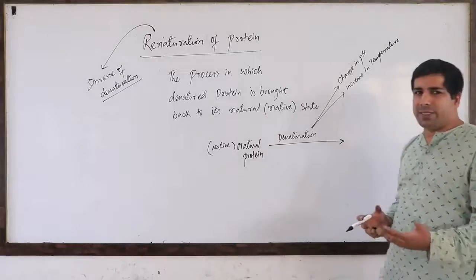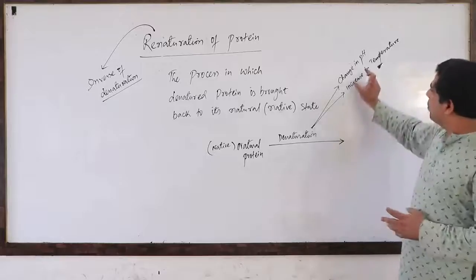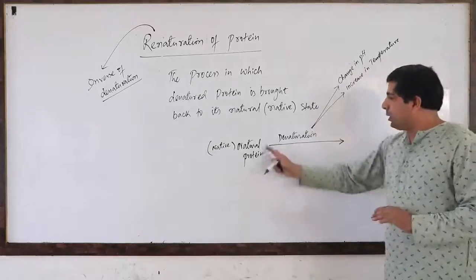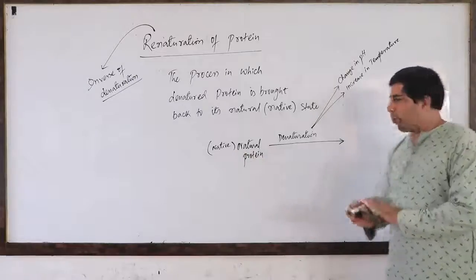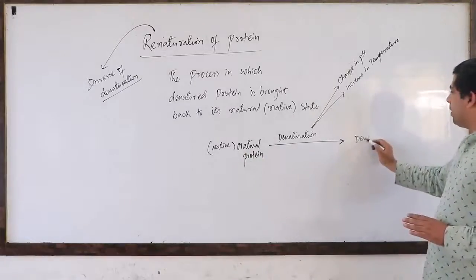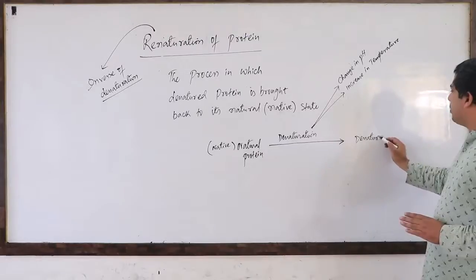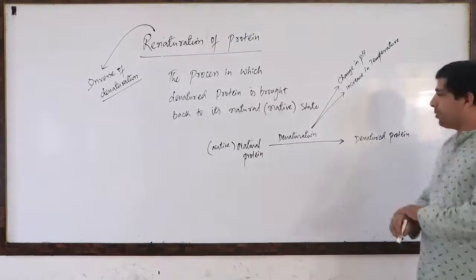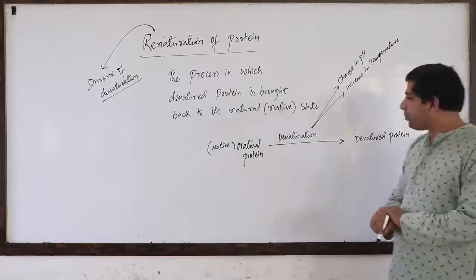There are so many ways. But we have to focus on this change in pH and increase in temperature. So this natural protein called native protein will turn out to be a denatured protein. So we are getting a denatured protein here, okay?